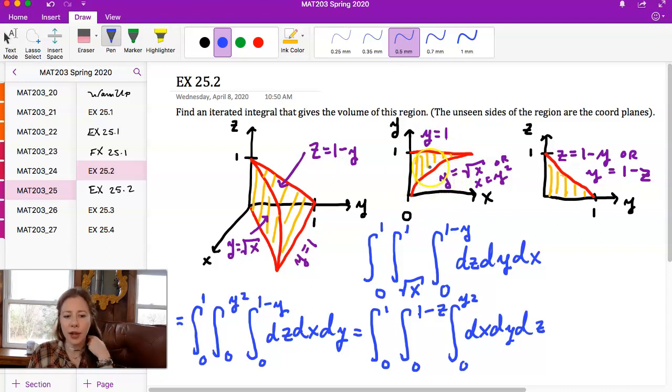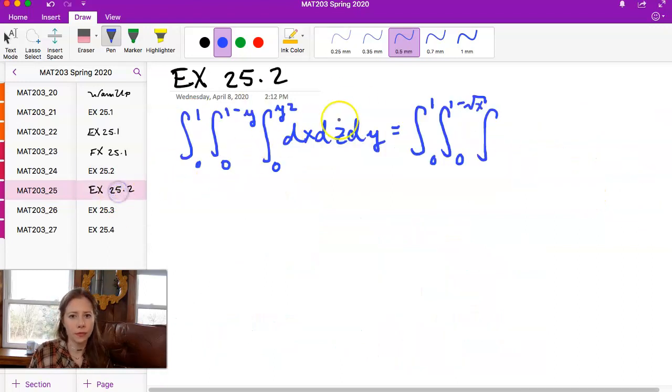And the upper limit for y is going to be 1 minus z. Okay, so this was dy, dz, dx.